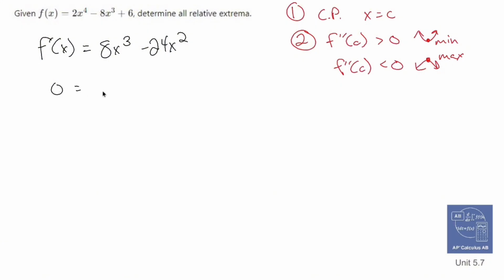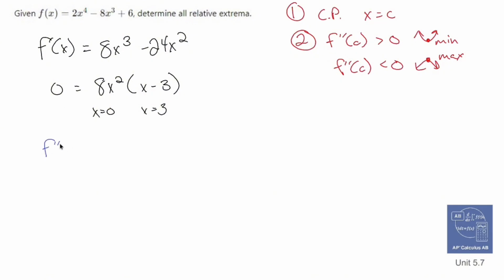Let's set that equal to 0 to find our critical points. Let's factor out an 8x squared, and that leaves me with x minus 3. Now multiplicity of 2 scares me a little bit, but I still get x equals 0, and I get x equals 3. Now what I haven't figured out yet is what f double prime is.